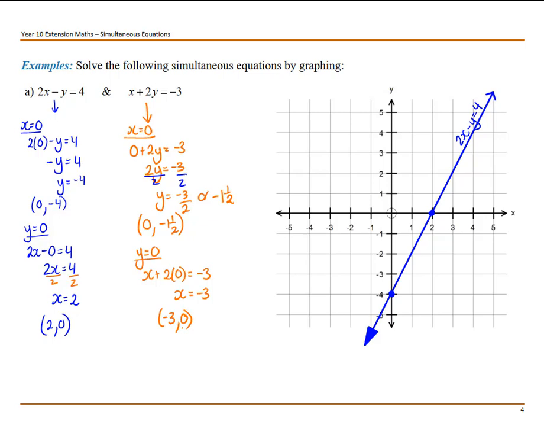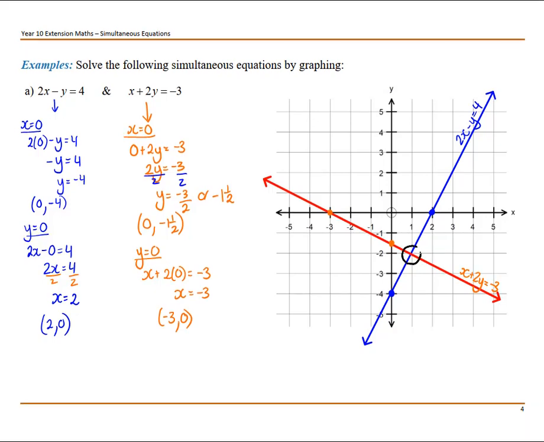Go to our graph, 0, negative 1.5. Try to be accurate. And negative 3, 0. And then join those two dots. And remember to label your line. Now we need to find the point of intersection, which you can see here, and my graph is fairly accurate.